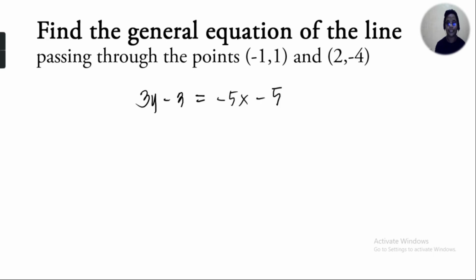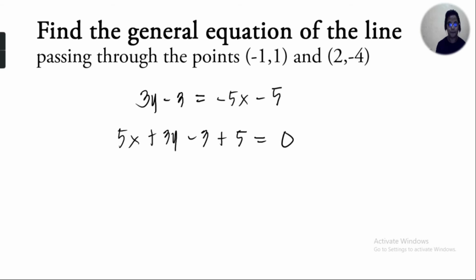Then, rewriting this equation into the general equation, we are going to transpose negative 5x and negative 5 to the left. Then, it will become 5x plus 3y minus 3 plus 5 is equal to 0.